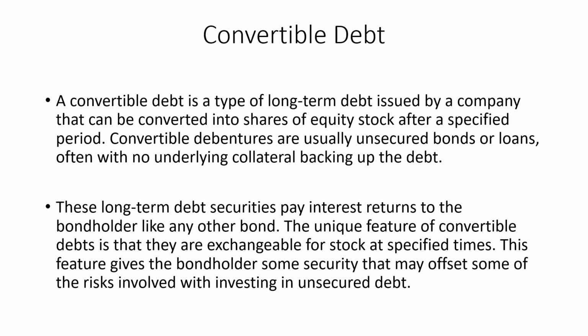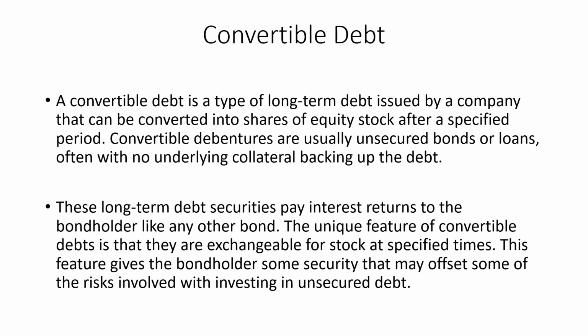When we talk about convertible debentures, these are often unsecured bonds or loans with no underlying collateral backing up the debt. These convertible debts are long-term debt securities, and they pay interest to the bondholder like any other bond.